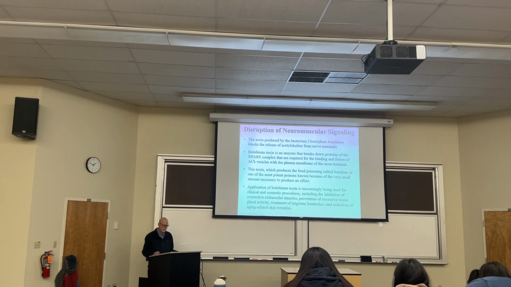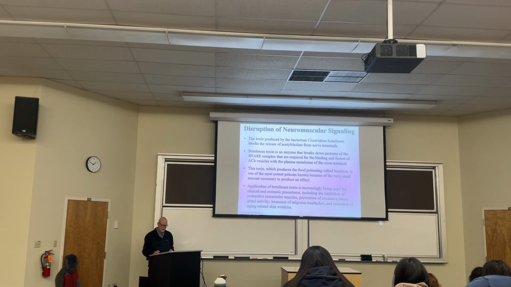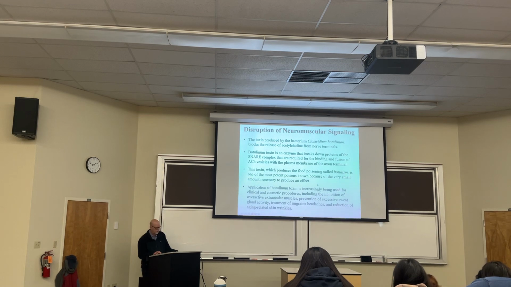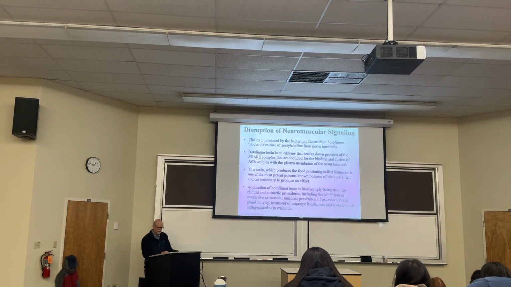So you can use it clinically for positive effects if you, of course, keep it in lower doses and you don't inject it systemically. Treatment of migraine, I'd sort of forgotten about that one, but acetylcholine is somewhat implicated in migraine headaches, so that's another thing it could be used for.